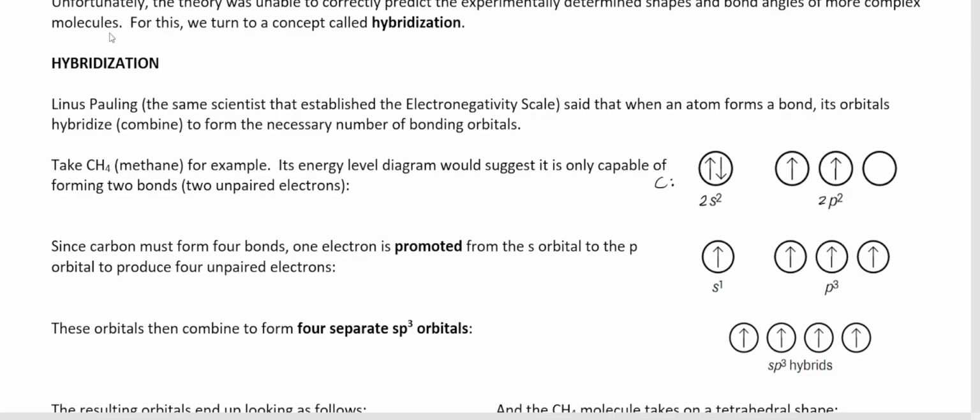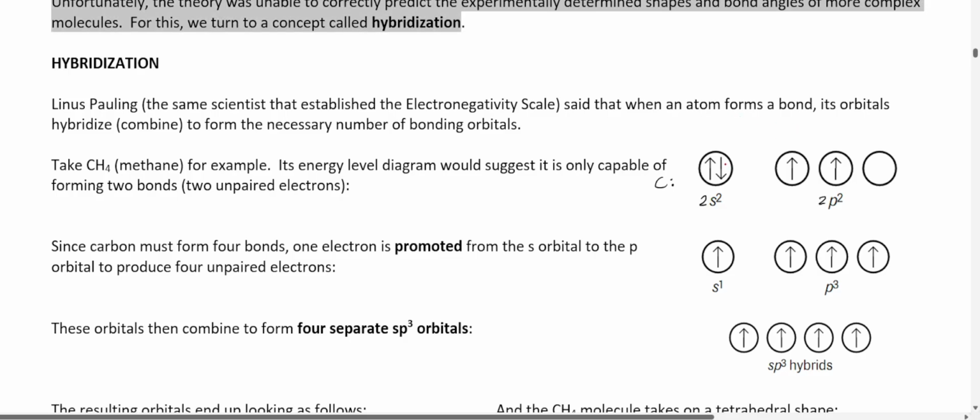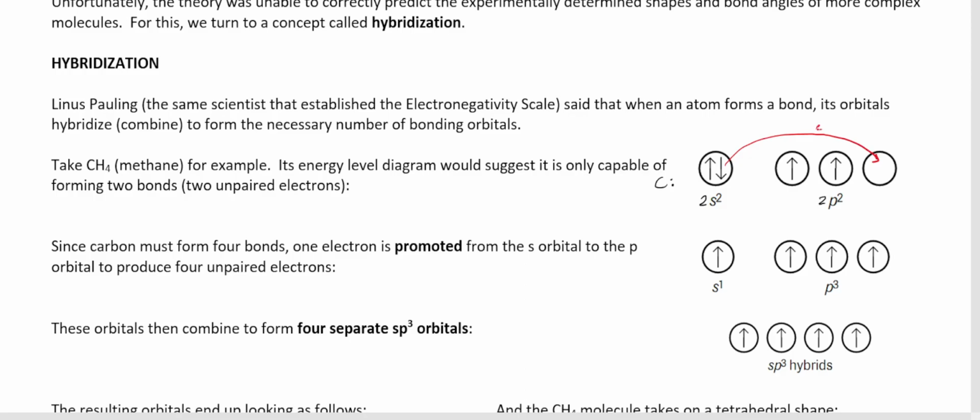So what in fact happens is that one of these electrons gets promoted to an empty p orbital. So it undergoes electron promotion. And then we have an s and three p's: an s with one electron, and three p's, each with one electron.